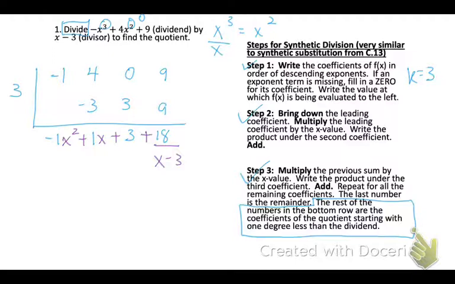Another way to write that quotient is negative x squared plus x plus 3, remainder 18. That's probably how Math Excel will ask you to enter it. And so this is the polynomial quotient when you take that original cubic, negative x cubed plus 4x squared plus 9, and divide it by x minus 3.